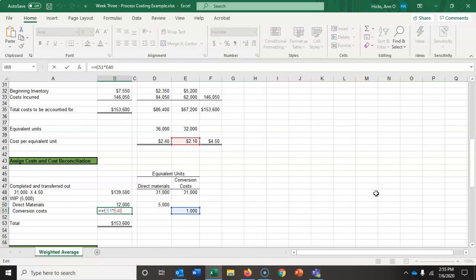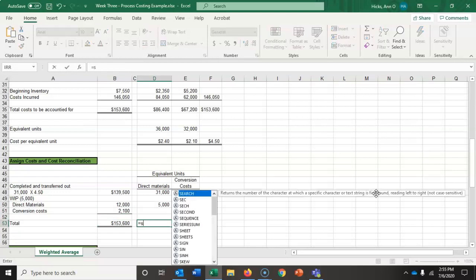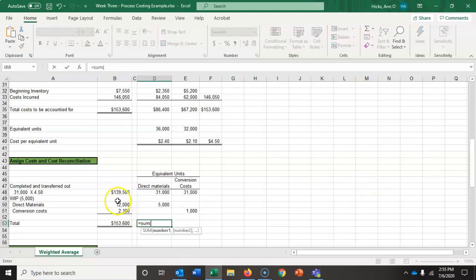Then for conversion costs, we will take the 1,000 units, multiply it by the $2.10 per equivalent unit, and that gives us $2,100. If you add those together, you've got a total of $14,100 in ending work in process.